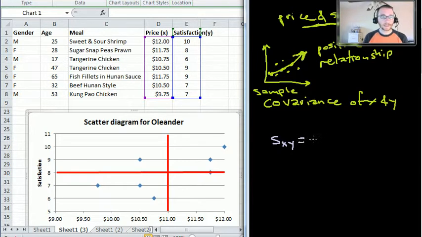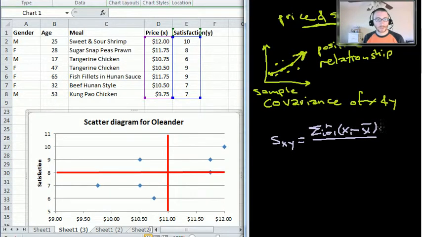To calculate this, it's going to be a big fraction, and it should look a little bit like the sample variance formula, except instead of taking the deviation in x and squaring it, we take the sum from i equals 1 to n of xi minus x bar times yi minus y bar, all over n minus 1.